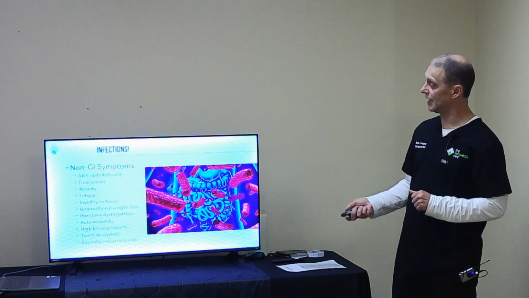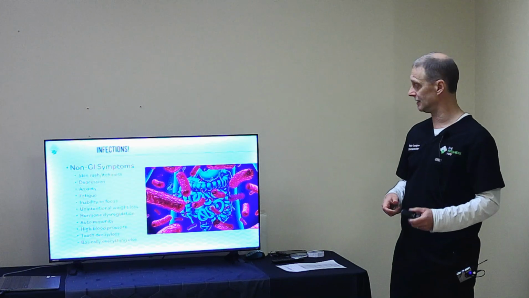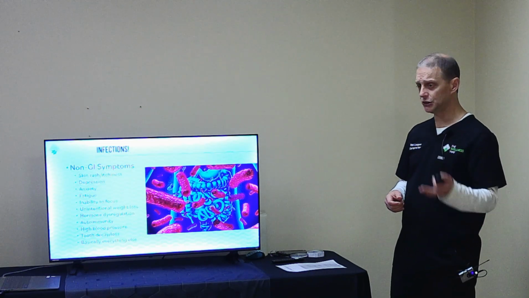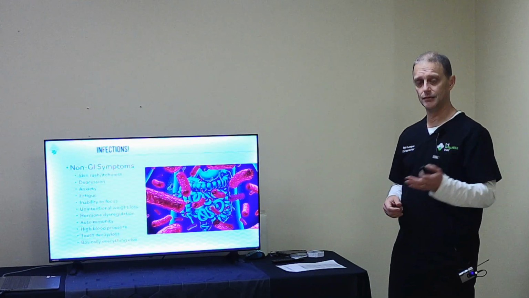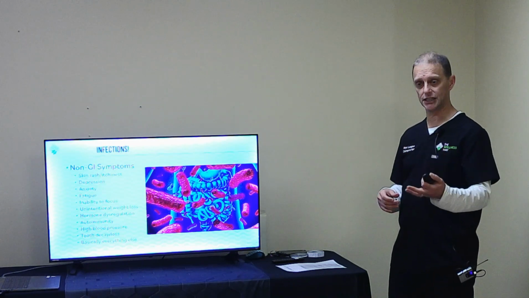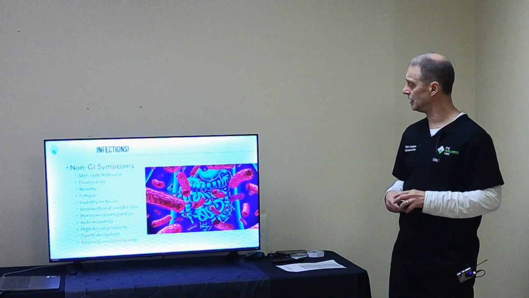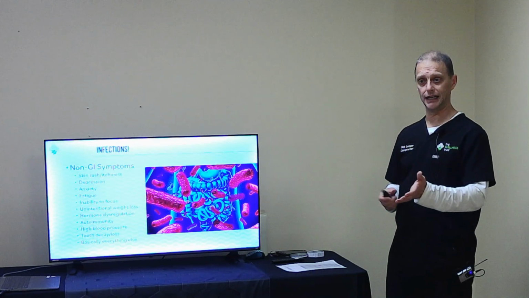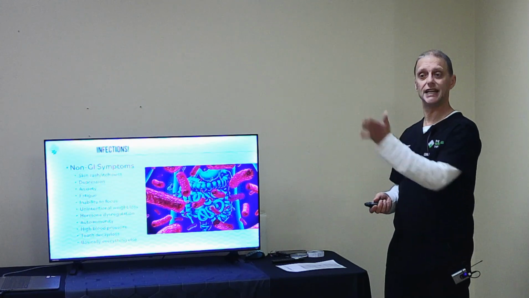Now, there's also non-GI symptoms. You can also have skin rashes, itchiness on the skin, depression, anxiety. Mental health issues often start with the gut because most of the neurotransmitters, our brain health, our serotonin, norepinephrines, a lot of the things that we use for depression and anxiety, like SSRI medications, selective serotonin reuptake inhibitors.